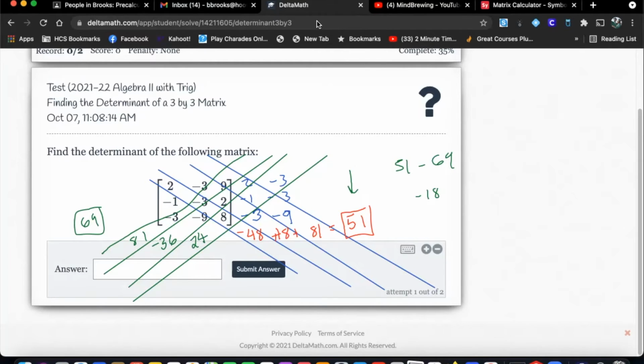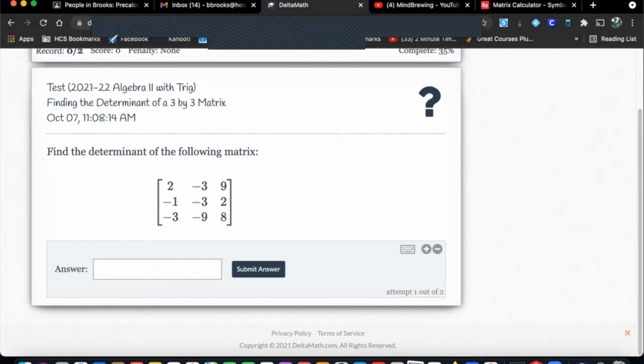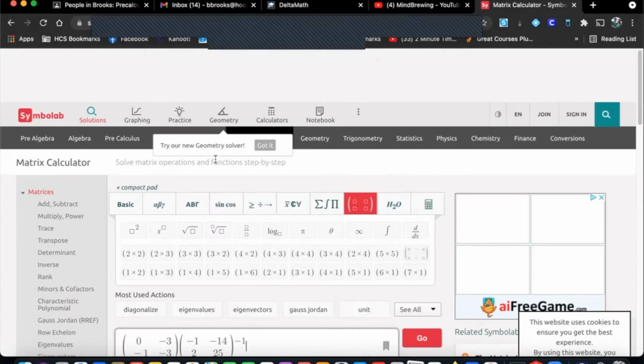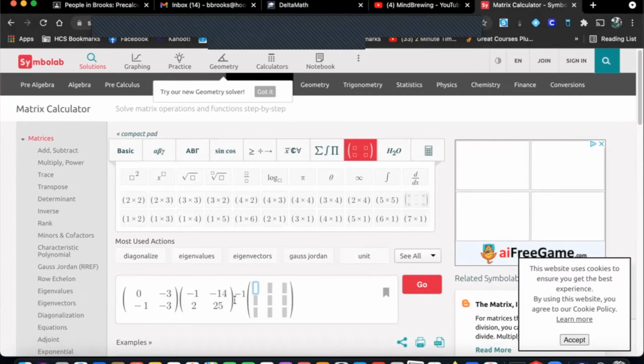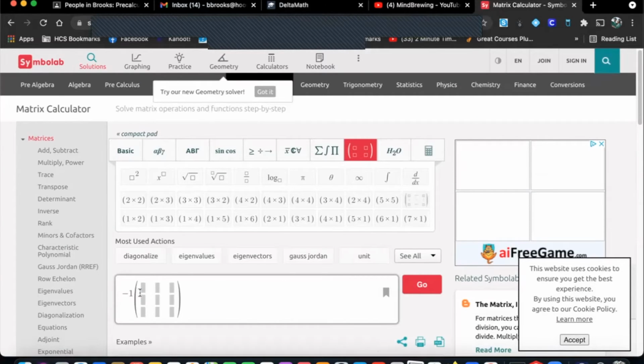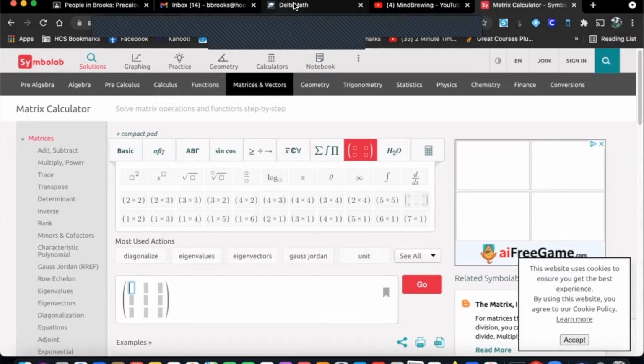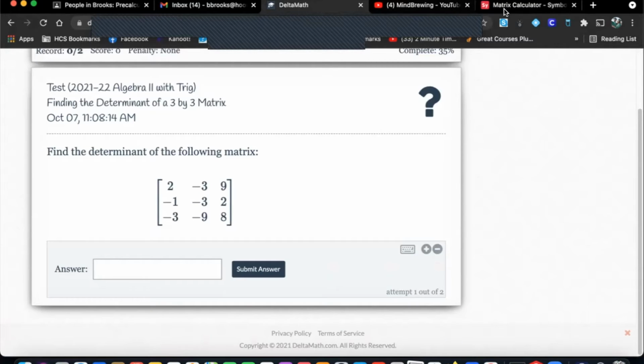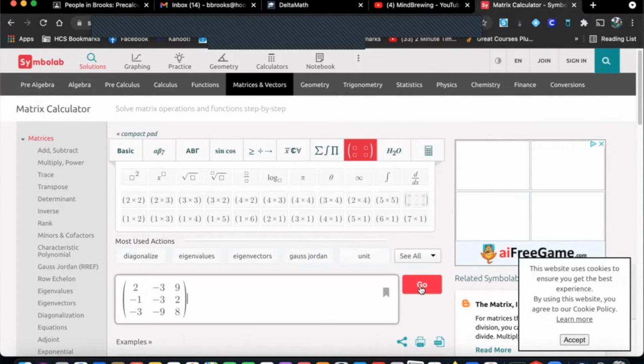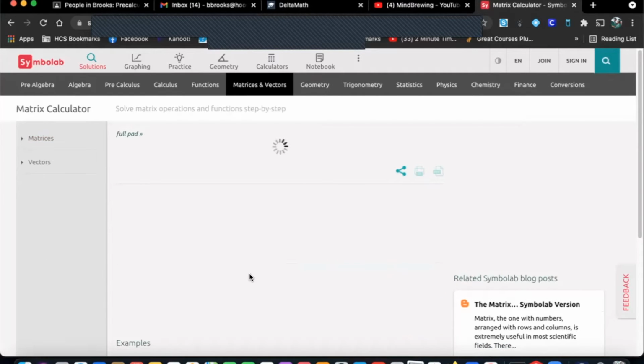So our way to check this is we can just take that matrix and plug it into our matrix calculator. So I'm going to do a 3 by 3 matrix. And what were the parameters? 2, -3, 9. That's not what I wanted to do.